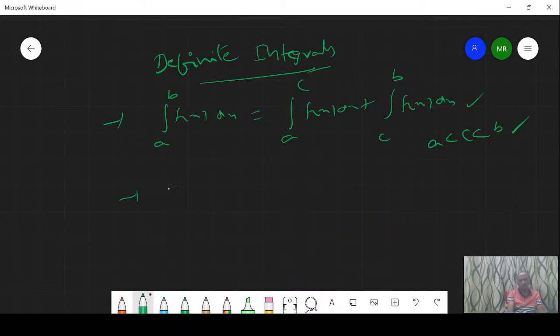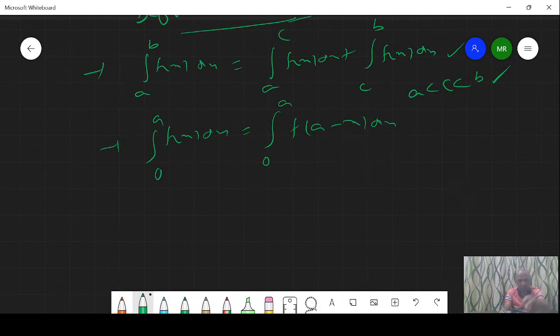And one more property I am going to use, which is also important: integral 0 to a f of x dx equals integral 0 to a f of a minus x dx. This property is a special case of the general one.